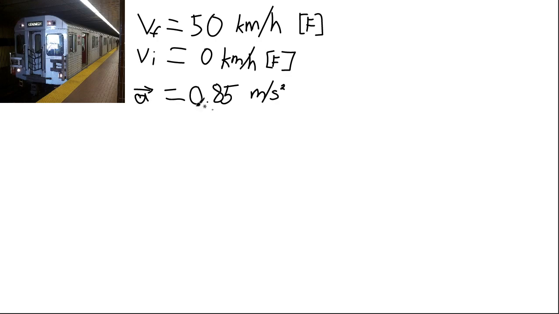So we would like to find out how long it took for the train to accelerate from 0 kilometers per hour to 50 kilometers per hour.